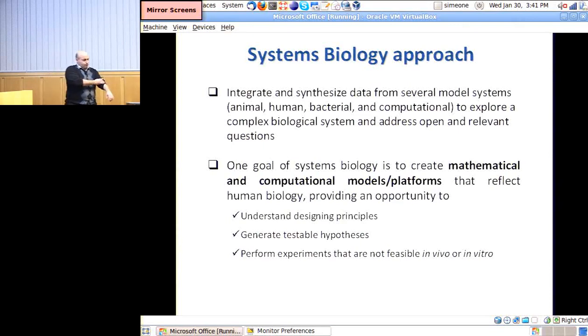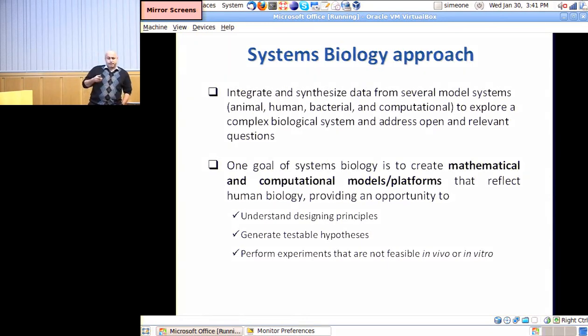So integrate all these sources of information and try to use them to explore complex biological systems. And at the same time, try to address and hopefully answer some of the open and relevant questions.